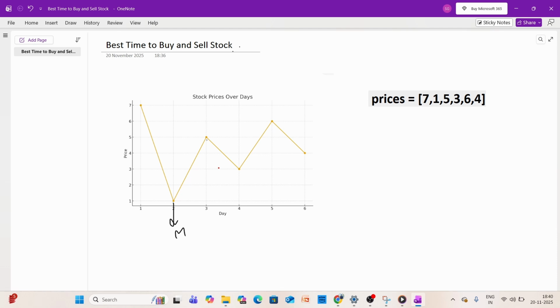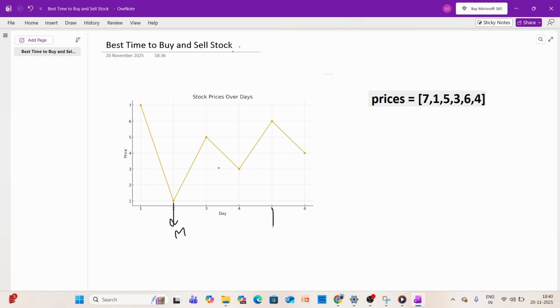On day 3 it is more than that, which is good. Then on day 4 it went on a bit of a dip, and then on day 5 I can see it is the maximum possible point after our buy point, which is the value of 6.